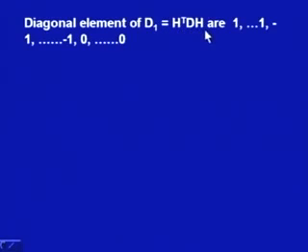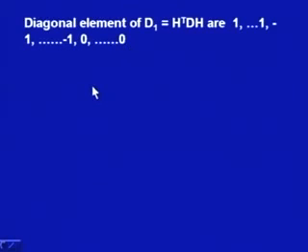H, D and H are all diagonal matrices, and H has positive terms 1 over root lambda, and H transpose also has 1 over root lambda, while D has lambda. So, when you multiply these, every term in the diagonal of D1 will be either 1 or minus 1, depending on whether the corresponding eigenvalue is positive or negative, and the terms corresponding to zero will remain 0. So, D1 will have entries 1, minus 1 or 0.